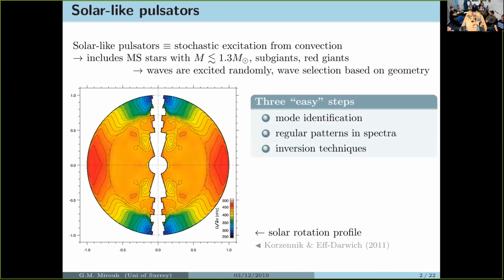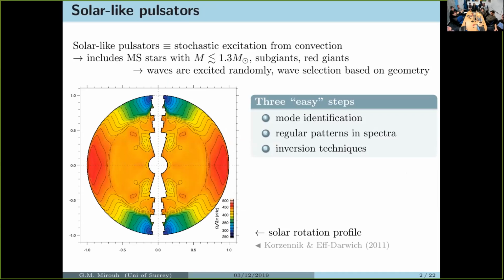So solar-like pulsators are obviously similar to the sun. They have modes that are excited stochastically from convection. Basically, convection is putting energy in the whole range of frequencies it can cover, and the modes that survive, the waves that are selected, are the ones that create a stationary wave throughout the star.